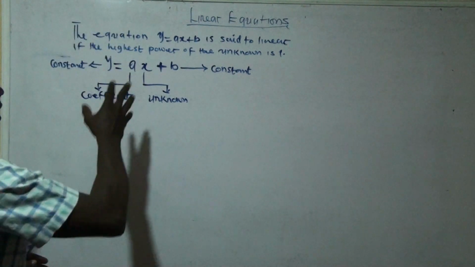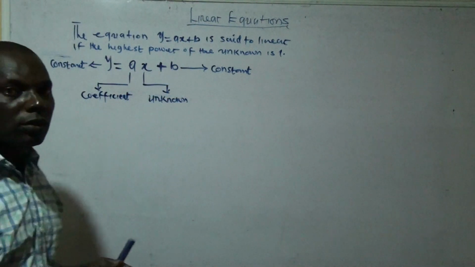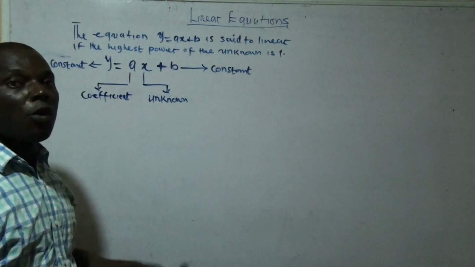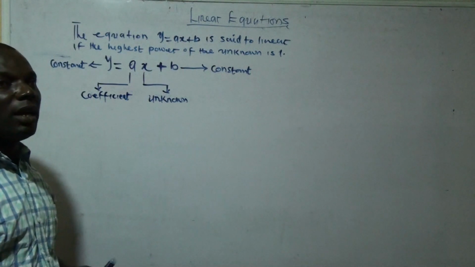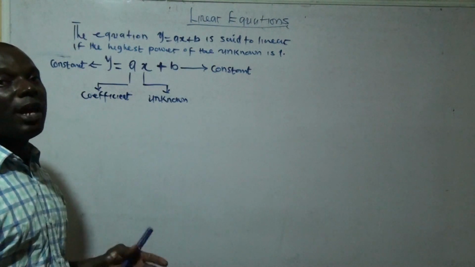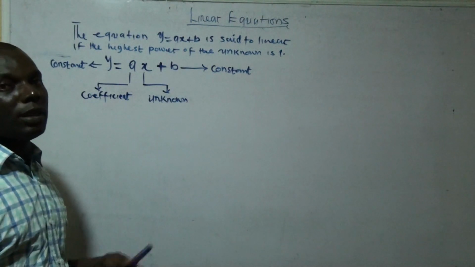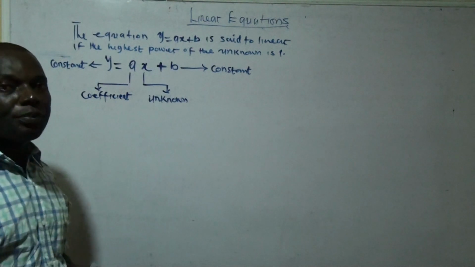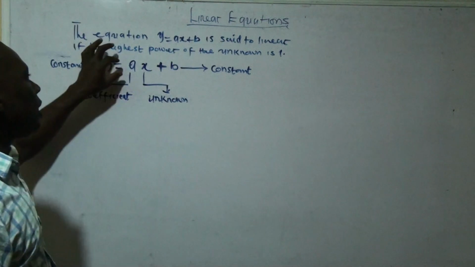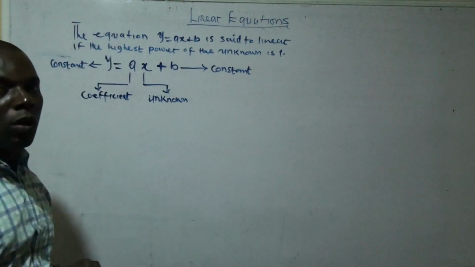This is an equation. Why do we call it an equation? Equations are usually obtained from expressions, so we must know what expressions are. Expressions are just mere mathematical statements, while equations are obtained from expressions by including the equality sign.